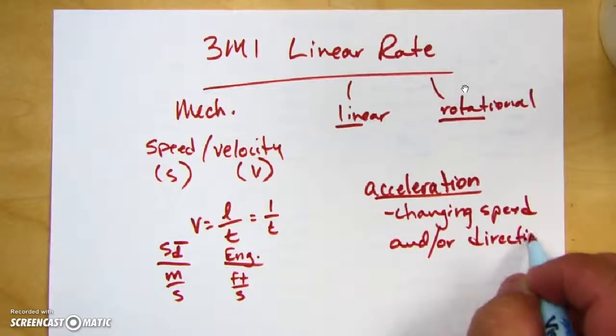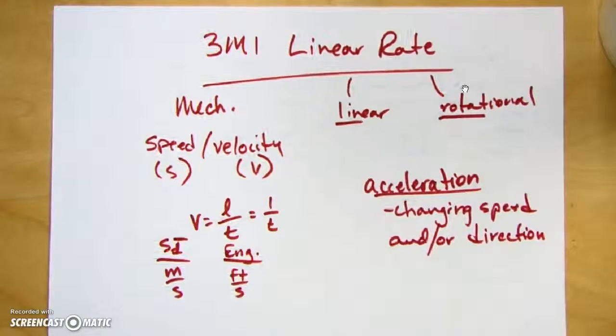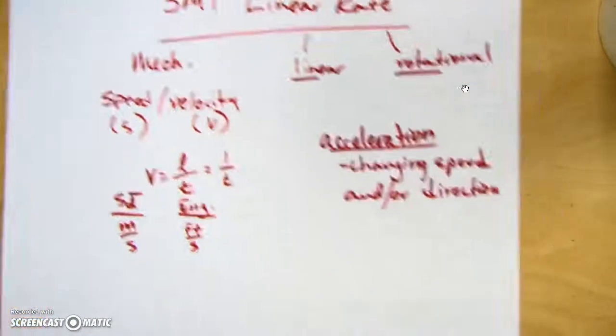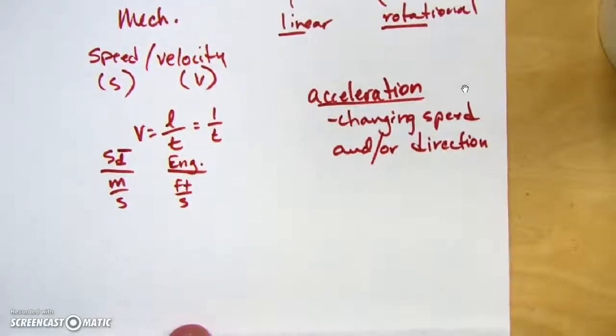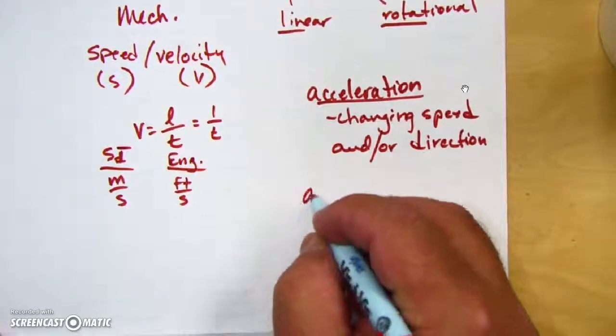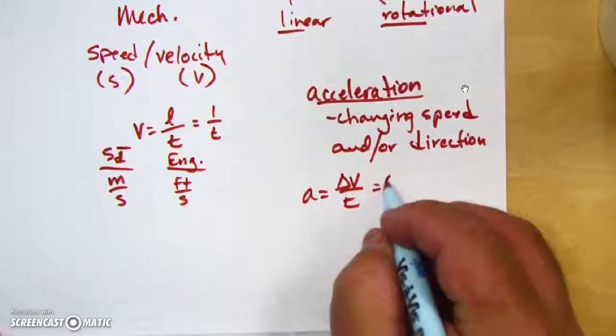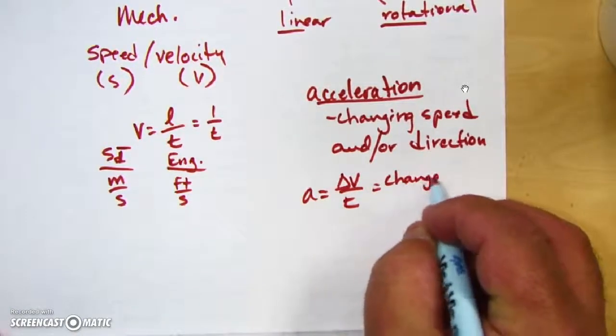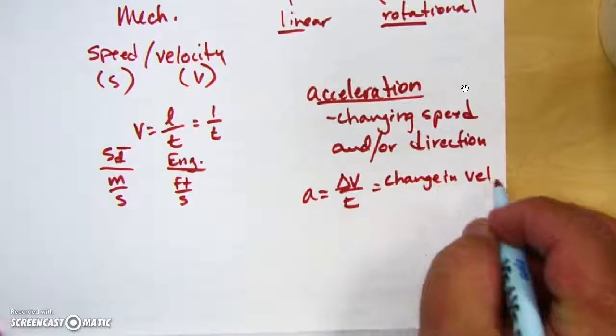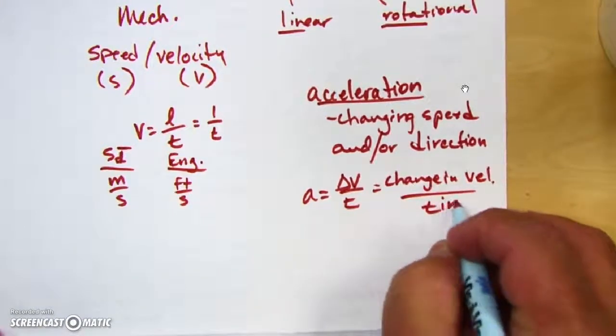We're not going to necessarily play as much in this course about changing the direction being a form of acceleration, but it is. It's kind of important that we're aware of that. Now, a is equal to delta v over t. In other words, it's the change in speed or velocity divided by time.